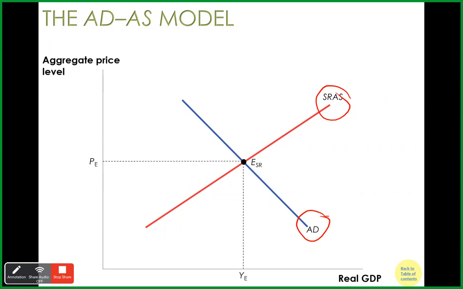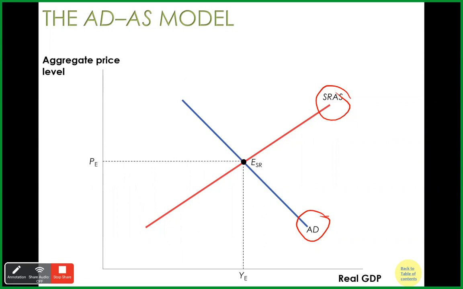It's because of the sticky wage. In the short term, the wage is not flexible, it cannot adjust. If there's an inflation, profit is going to rise and the aggregate supply usually is going to increase so that they can get more profit. So this is in the short run.